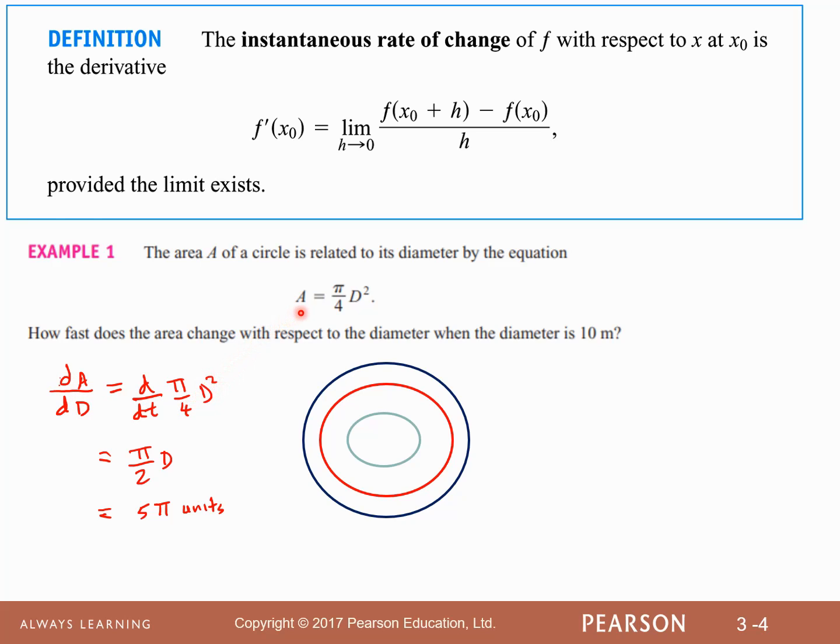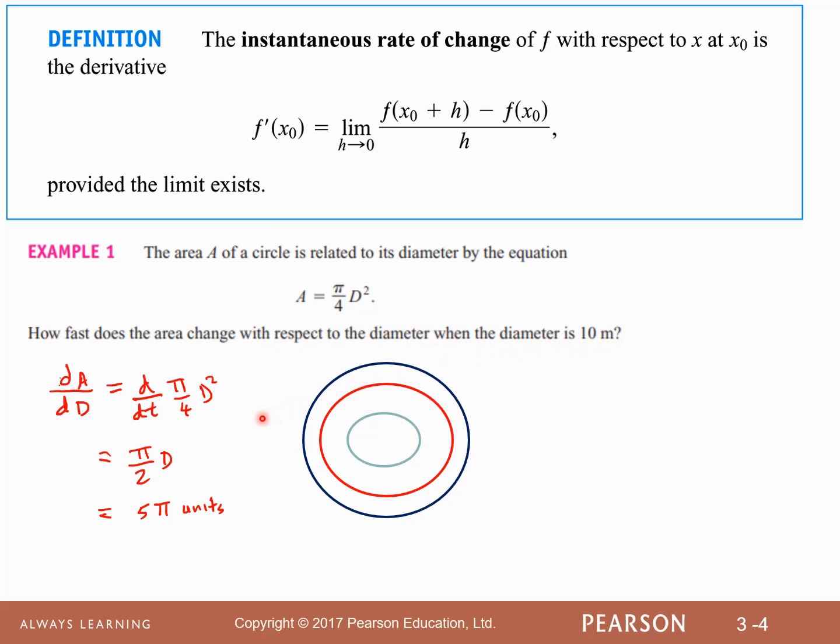And when we do the derivative, this is a constant pi over 4, so we keep pi over 4 and we do the derivative of capital D squared, and that's going to give us 2D, but we have 4, so we cancel 2 with 2 from the 4, and we will get pi over 2 D. We're asked to find how fast the area changes with respect to the diameter when the diameter is 10 meters.